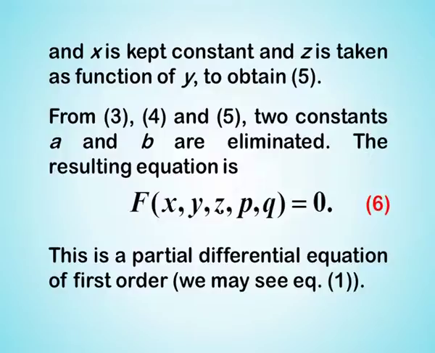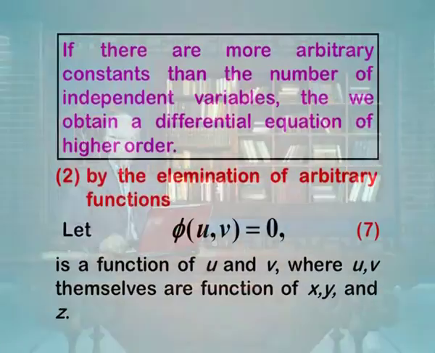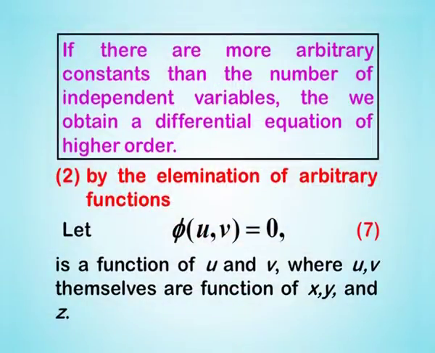This is a partial differential equation of the first order. I have given you a note here. We may see equation 1 that we have started with. A very important thing: if there are more arbitrary constants like a, b, c, d, or a, b, c, for example, 3 instead of 2, then with more independent variables we obtain a differential equation of higher order, obviously.